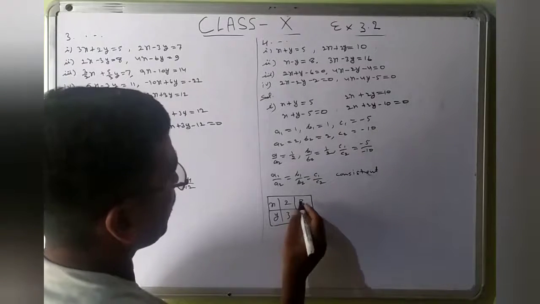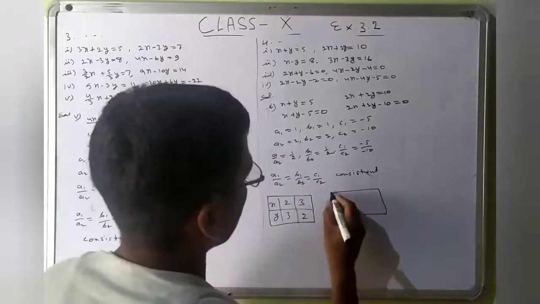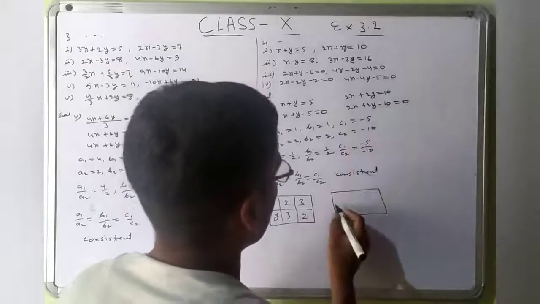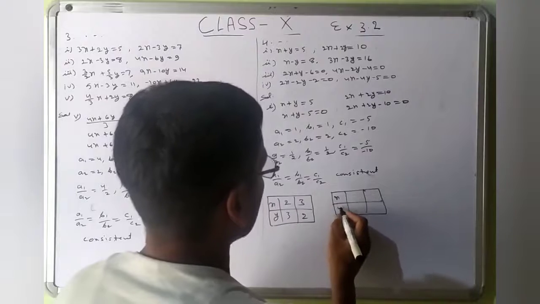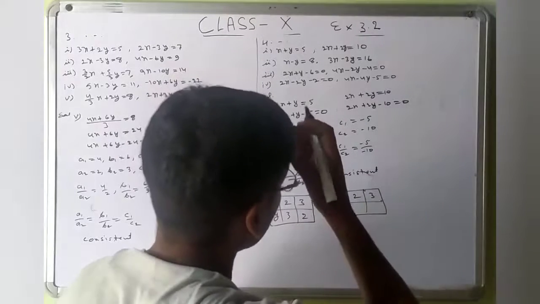Similarly, 5 minus 3 gives 2. For the second equation, it will be the same. We write the same values here, x, y: 2, 3.